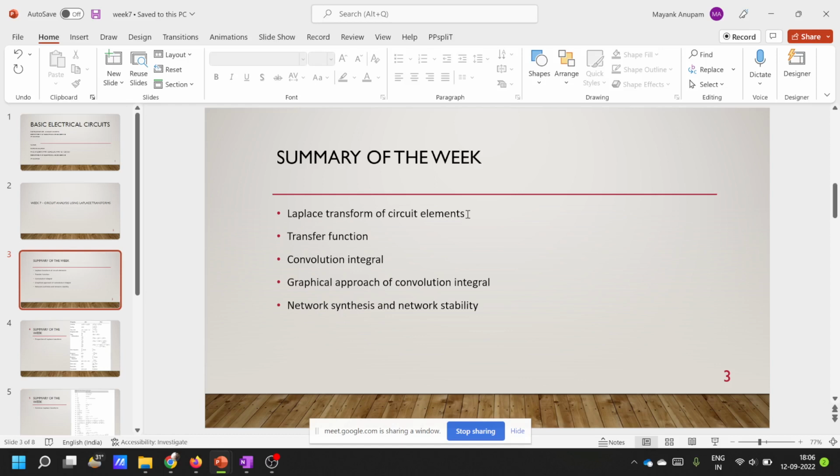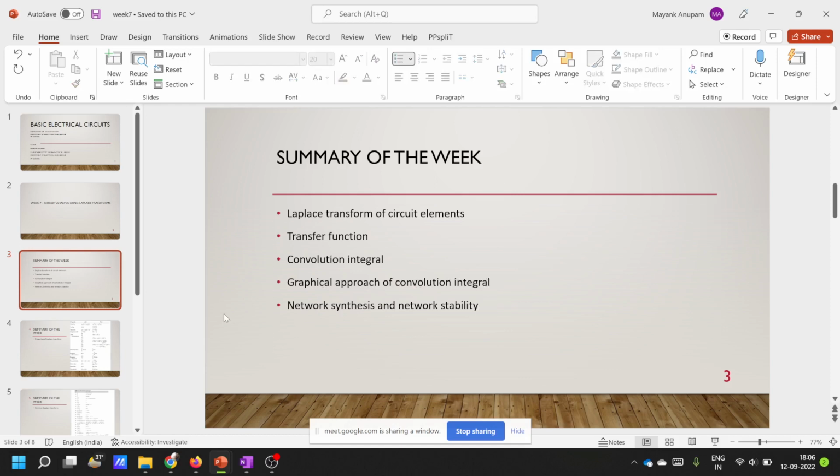It's a very important concept, convolution. Convolution integral can be interpreted graphically, right? That interpretation was talked about by the instructor. The graphical approach of convolution integral was taught to you.